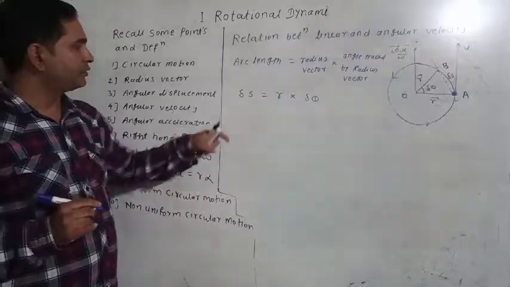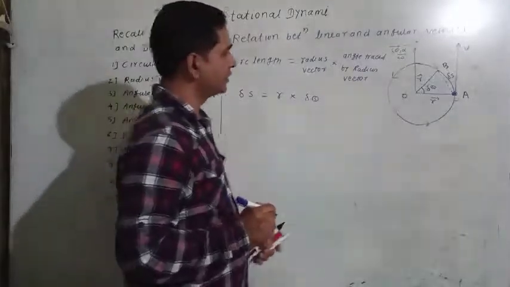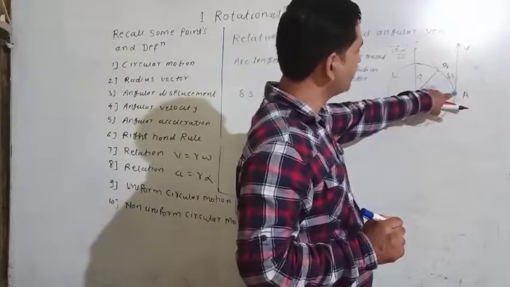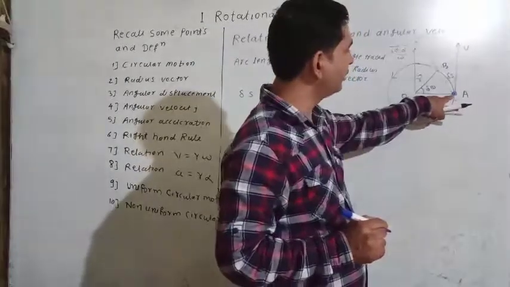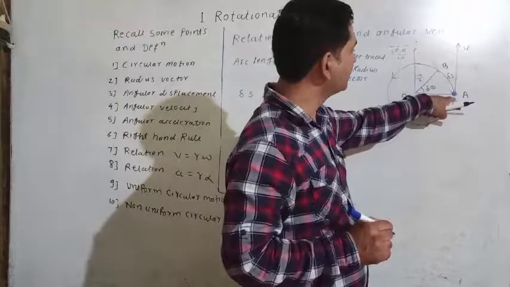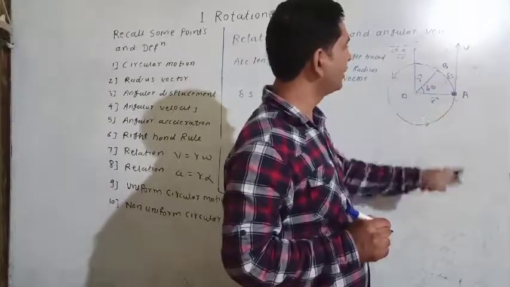If it is an instant change, suppose this is our sun at the center point and it is our earth. Then the instant change in time is del t.